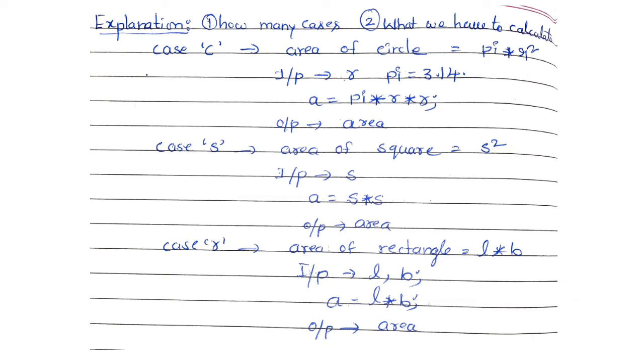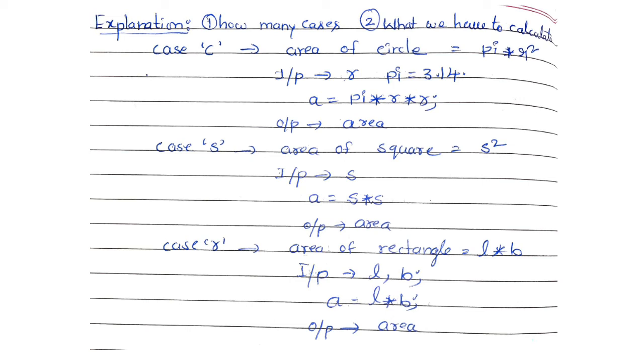And at last they have written C for circle, S for square, R for rectangle. That's why we have to take C as a case label for the first case, S as a case label for the second case, and R as a case label for the third case.